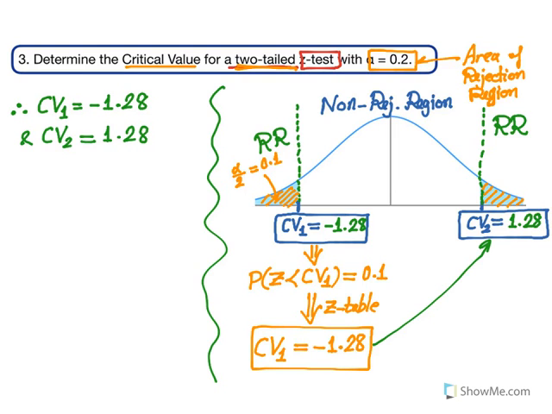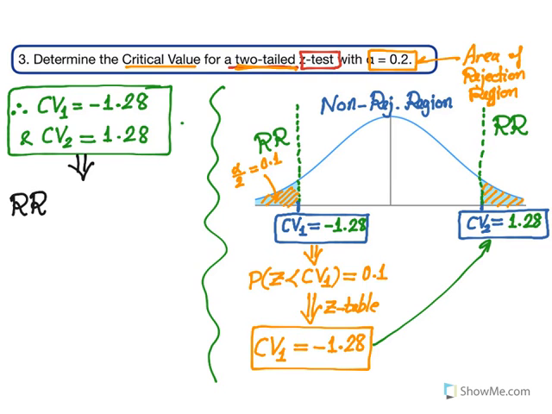So this would be our first thing, and actually it solves the question, but because I also asked you to express the rejection region and the non-rejection region mathematically, we will have to add this. Knowing the critical values, they separate the rejection from the non-rejection region. So the rejection region, where you reject the null hypothesis, in this case is z less than negative 1.28 or z bigger than 1.28.